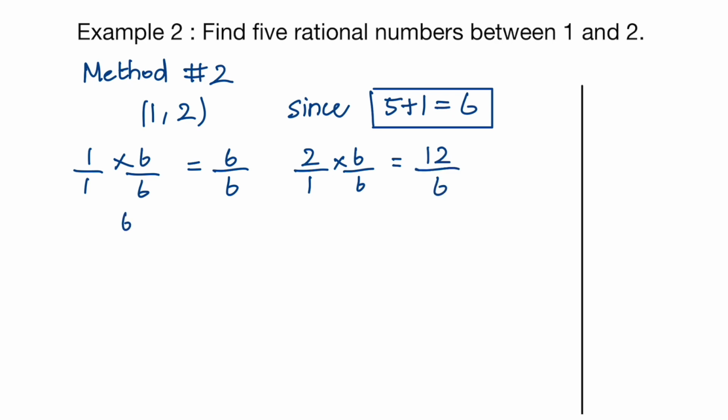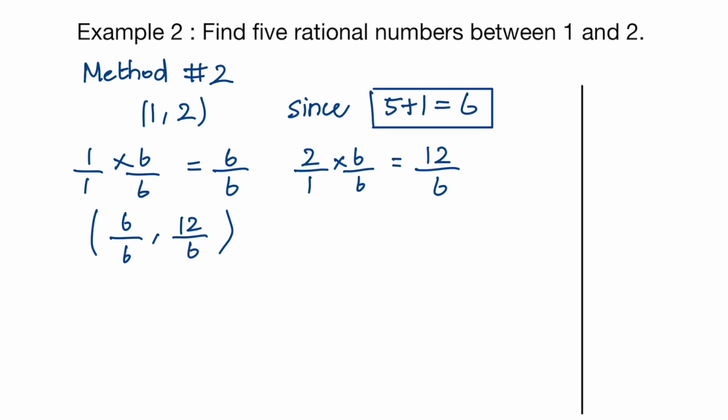Now you have two numbers 6 by 6 and 12 by 6. Now 6 by 6 and 12 by 6, their actual values are 1 and 2. 6 divided by 6 is 1, 12 divided by 6 is 2. But you have changed it in this form so that you can extract numbers in between them.